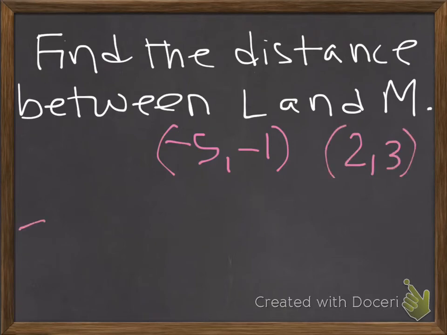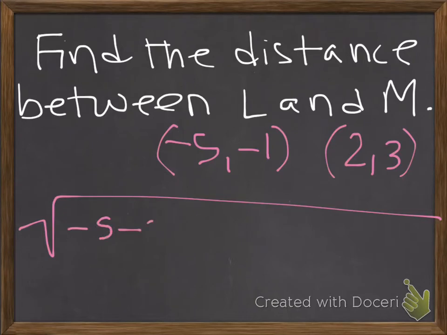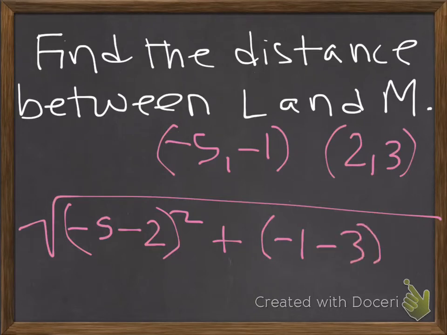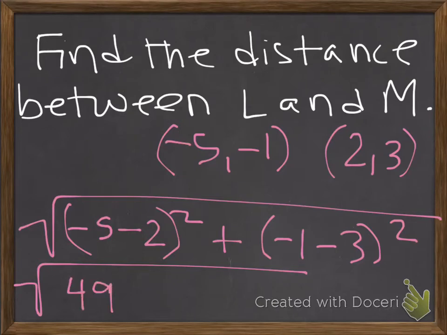Now we're going to find the distance here, so we need the distance formula. That's subtracting the x's squared plus subtracting the y's squared. So we get -7 squared, or 49, plus -4 squared, or 16, and that gives us the square root of 64, which actually gives us a number of 8.